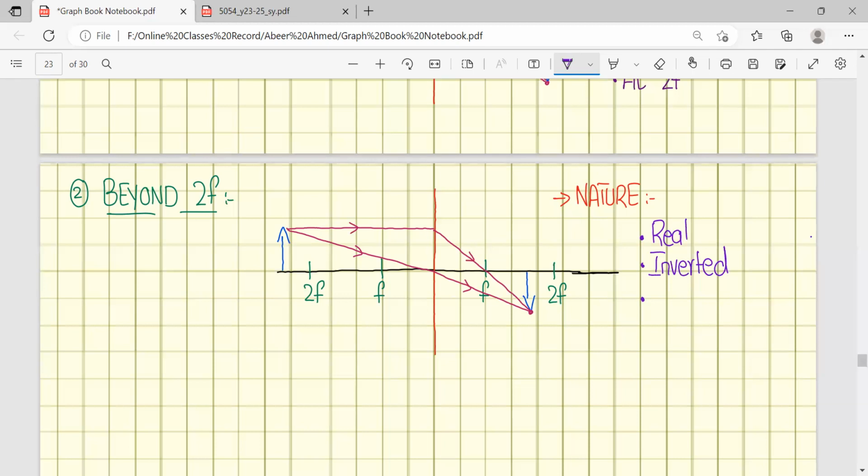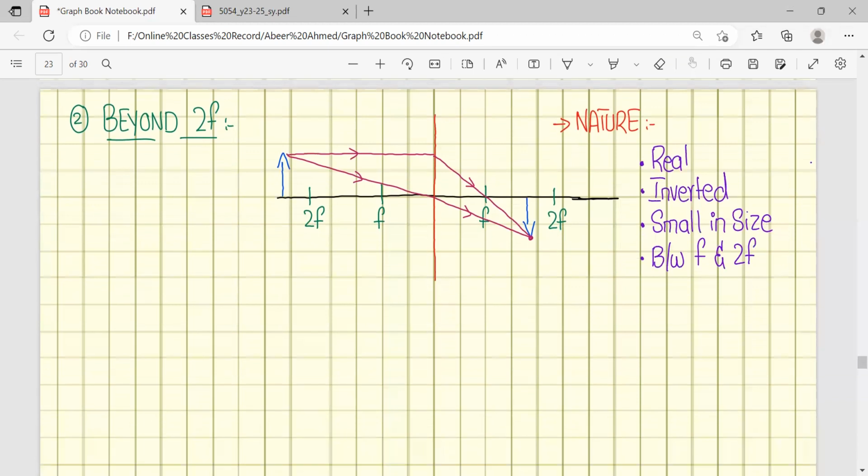So that's why the image is going to be small in size, and the image is going to be formed between F and 2F, right? Any confusion? No. Okay.